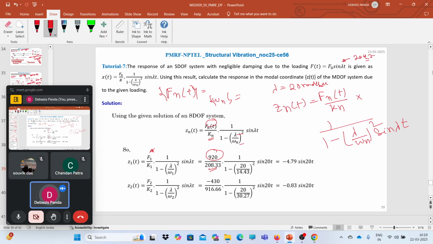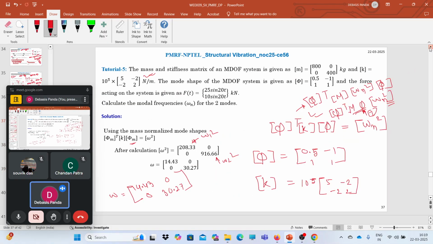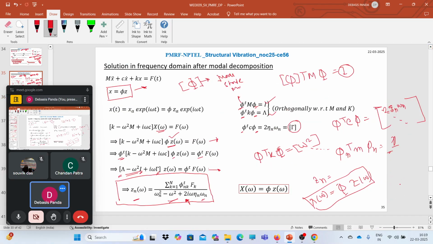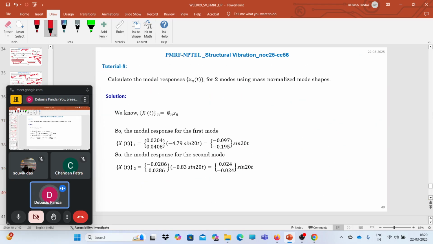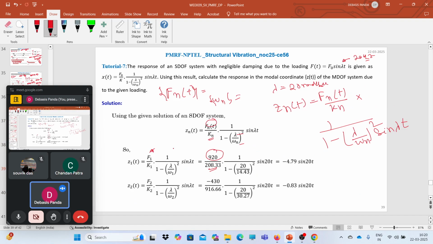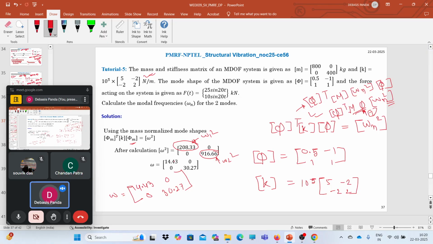We have already calculated phi transpose K phi: the first one is 208 and the second one is 916. So K1 is 208, K2 is 916. The forcing frequency is 20, and we already calculated the two modal frequencies, 14 and 30.